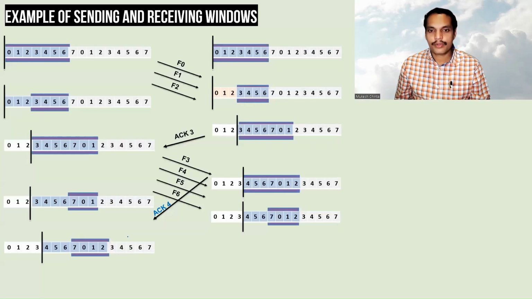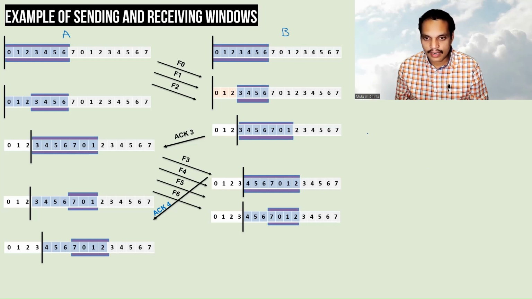Now let me show you a quick and small example to get this idea. In my example, this is my sender, let us say this is A, and this is my receiver B. On the sender, let me say that the sender's window size is equal to 7.